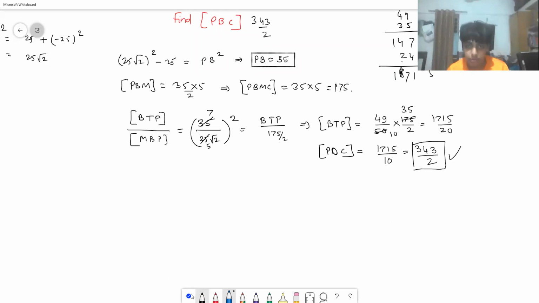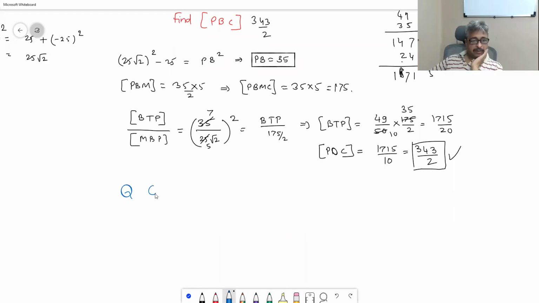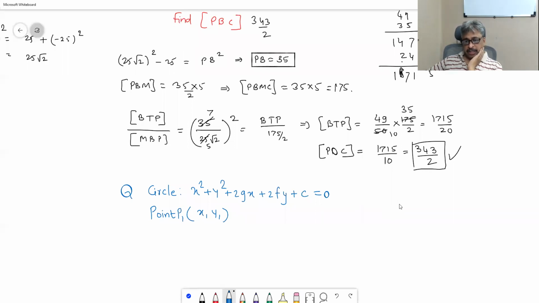Okay, sir. Question. The circle is x square plus y square plus 2gx plus 2fy plus c is equal to 0. The point is (x1, y1), that is P1. Okay, so same situation.